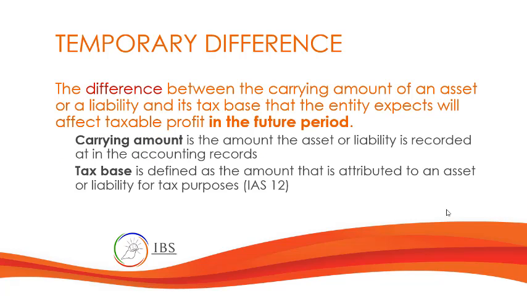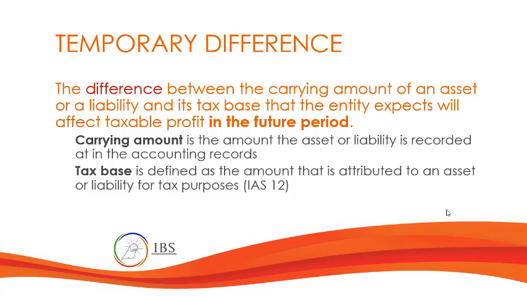Now, when you talk about temporary difference, it is the difference between the carrying amount of an asset or a liability and its tax base that the entity expects will affect taxable profit in the future.